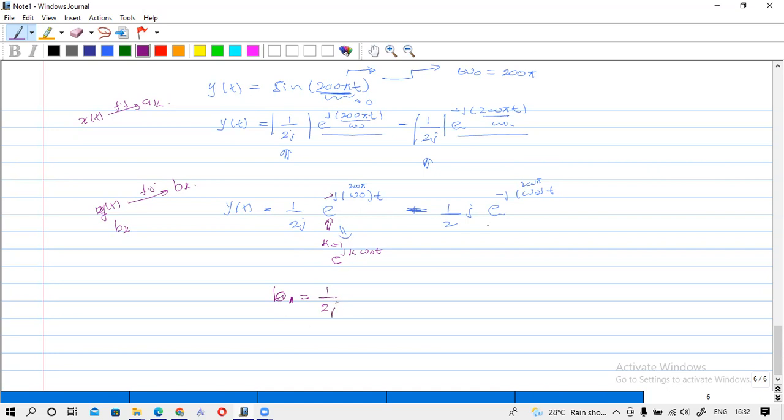Now, compare the other term with e^(jkω₀t). Here you have j, you have ω₀, you have t. So what is k?